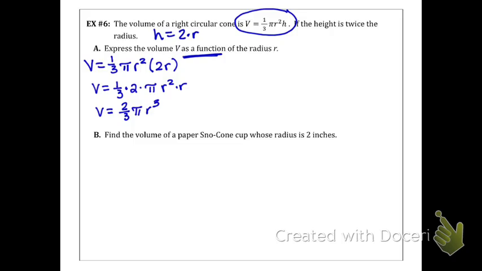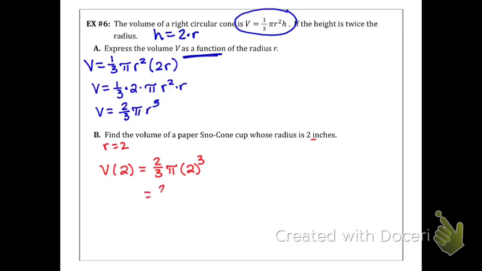Now B says find the volume of a paper snow cone cup whose radius is 2. So now it's saying, hey, my radius is 2. Go tell me what the volume is. So V of 2 equals that 2/3 pi r cubed, but r is 2. All right.